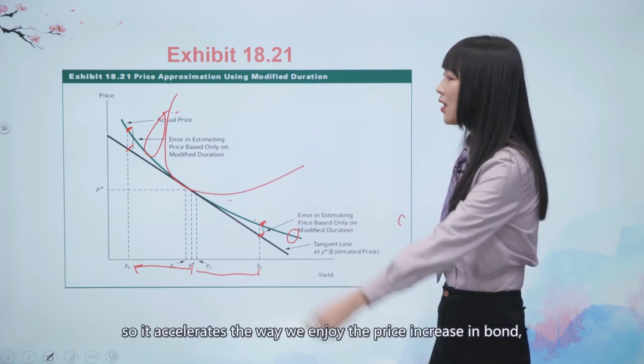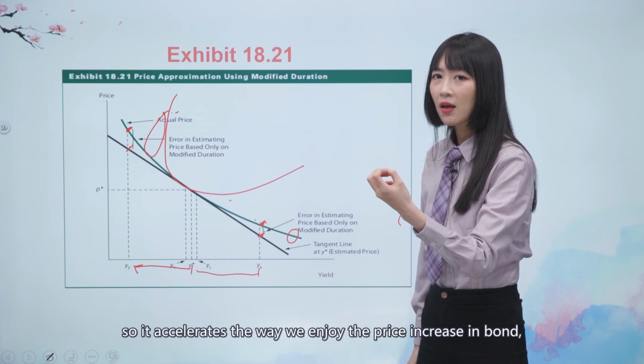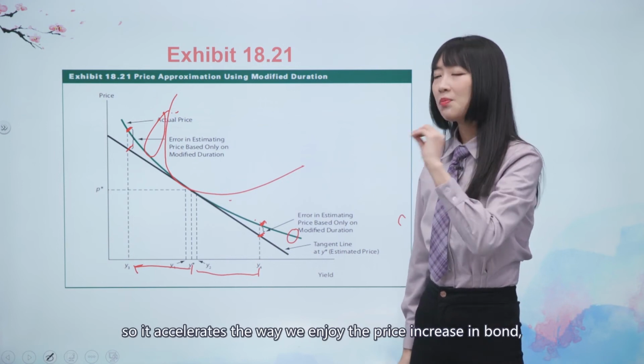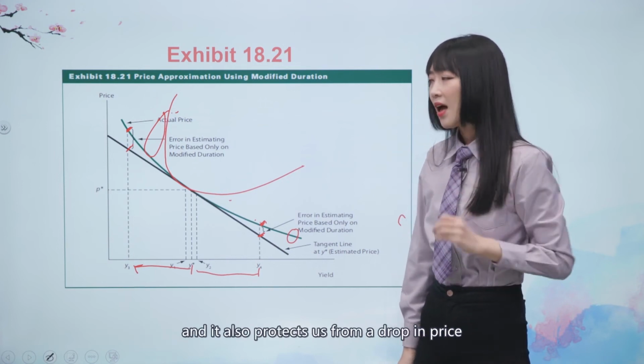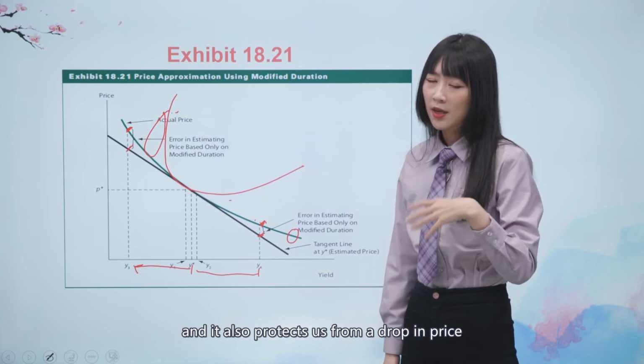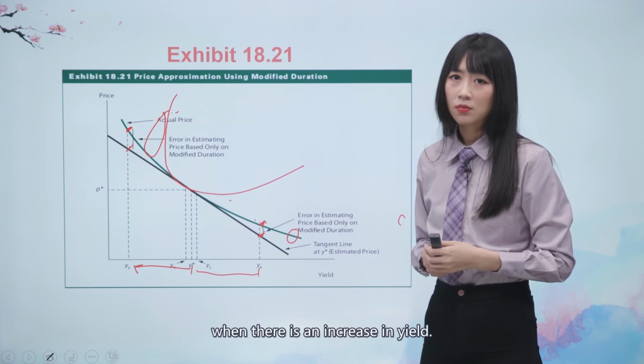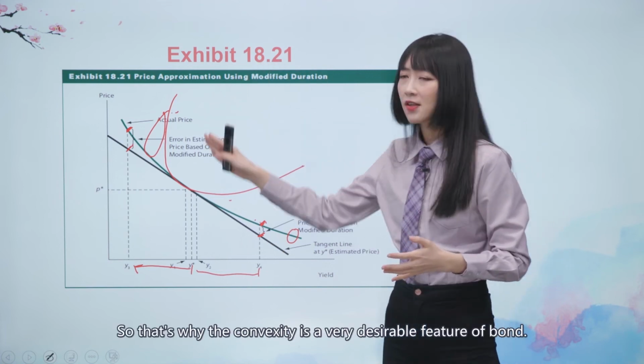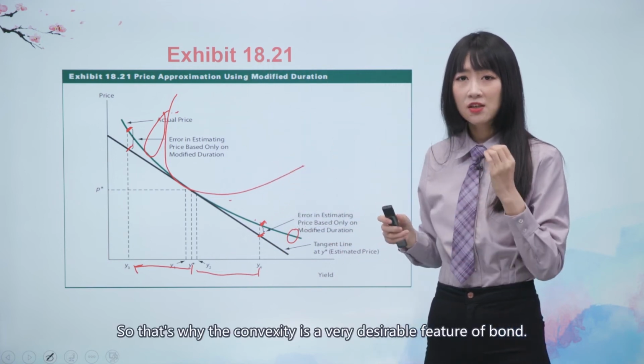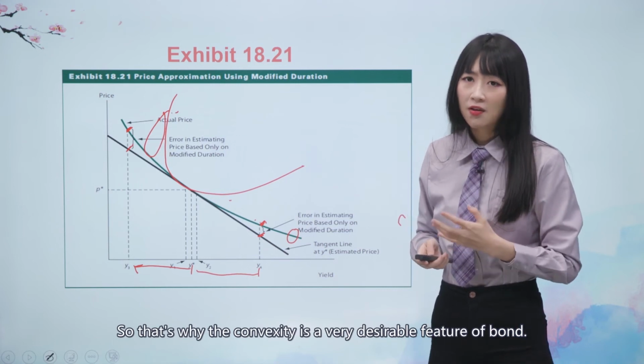So it accelerates the way we enjoy the price increase in a bond, and it also protects us from a drop in price when there is an increase in yield. So that's why convexity is a very desirable feature of a bond.